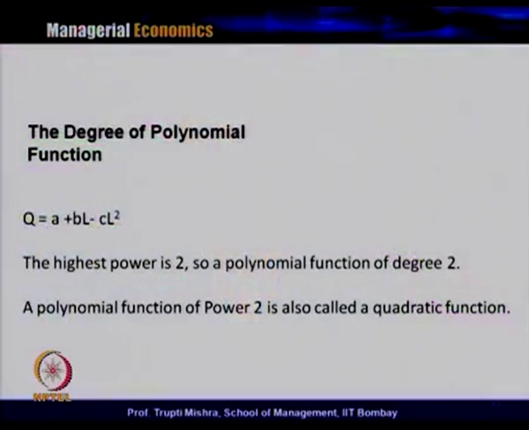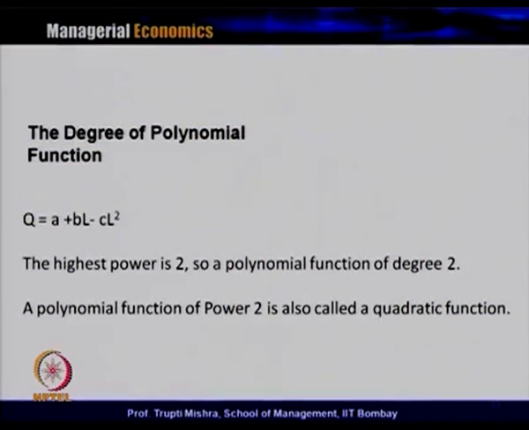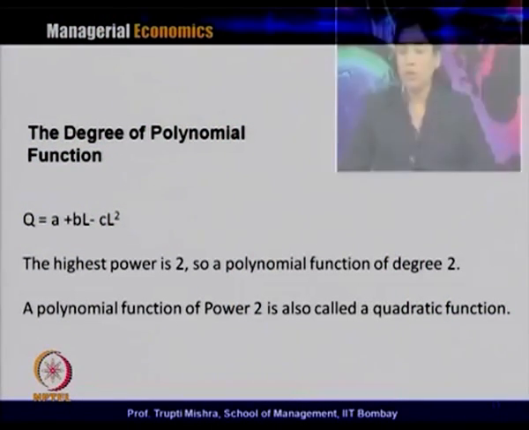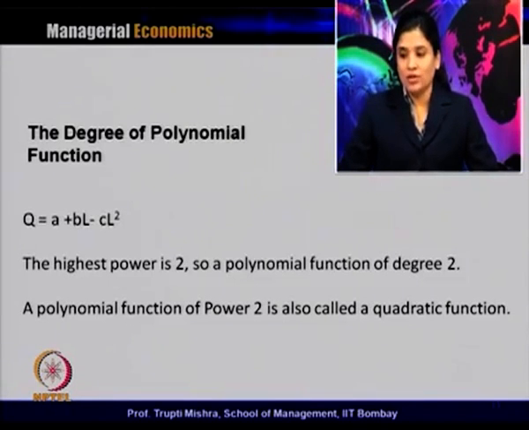Now, how do you find the degree of a polynomial function? If we are taking a functional form Q equal to A plus BL minus CL square, the highest power is 2. So this is a polynomial function of degree 2, and a polynomial function of power 2 is also called a quadratic function.